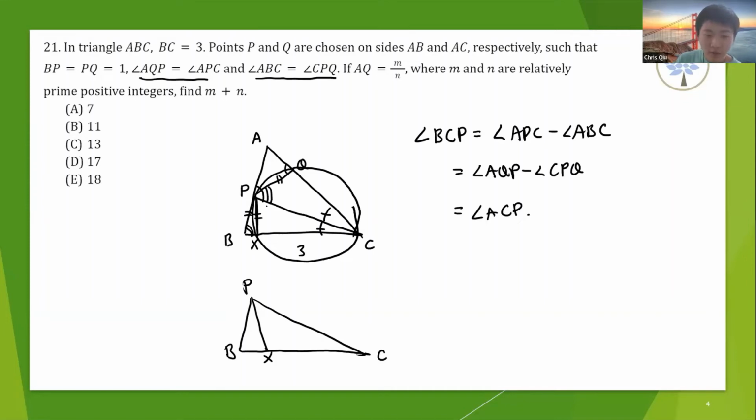And so we know that the length of BP is equal to 1, and the length of BC is equal to 3.